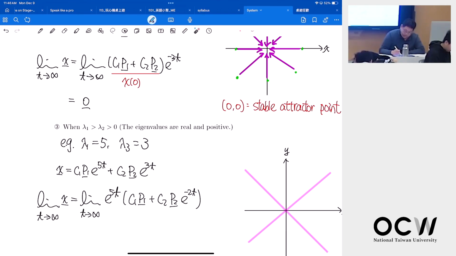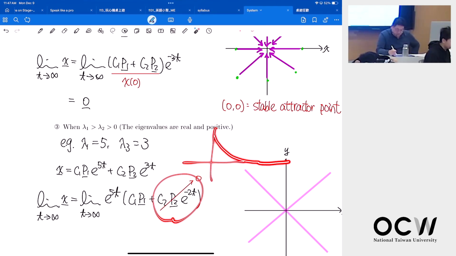For this term, it goes to 0 because it is an exponential with a negative exponent.